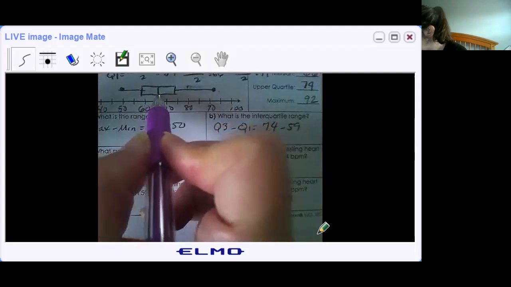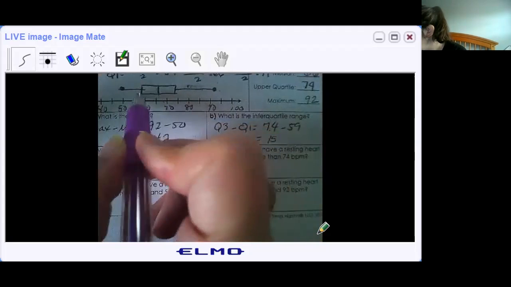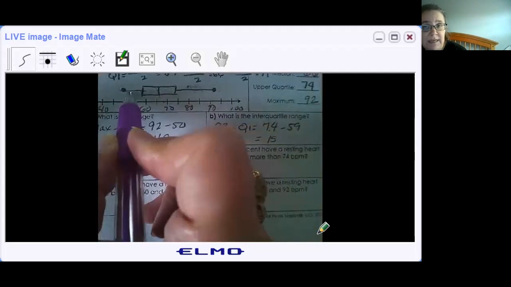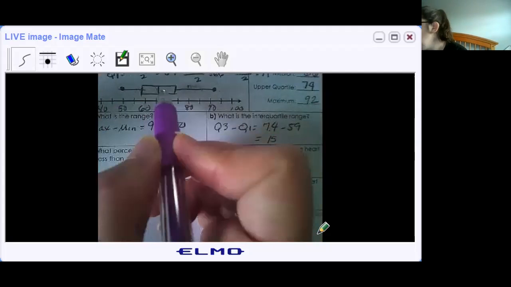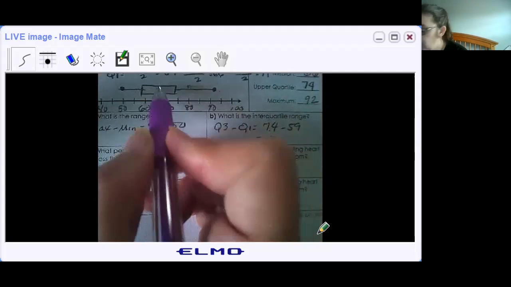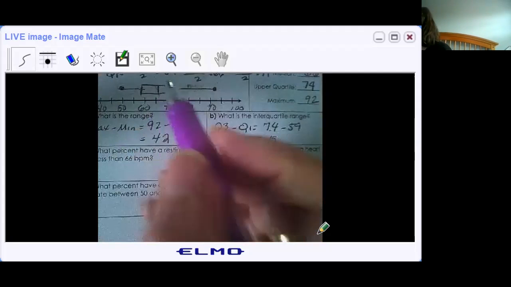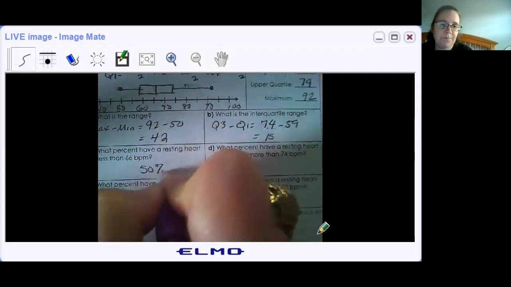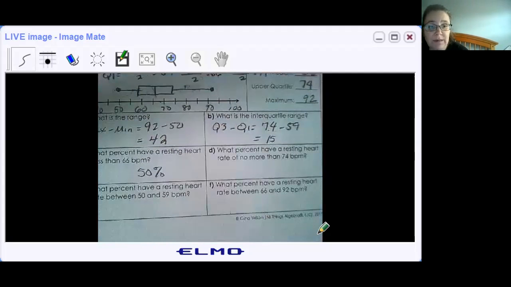Well, I have this section here and this section here. Each of these sections is worth 25%. And we know the median is the middle, so we know that 50% of the people surveyed have a resting heart rate less than 66 beats per minute, using that information from our graph.